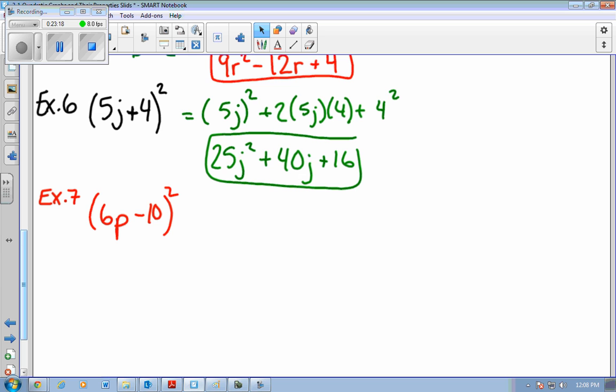You need a 2 for this one as well. Times, and then plus the second guy, what's the sign of the second term? And square that. Good. Okay, multiply it out. And then you would have this.